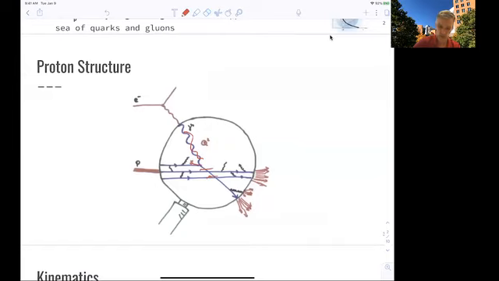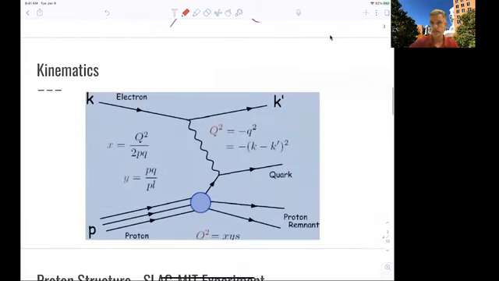So in measurements, what we can do is we can test the scattered electron, and we can look for the remnant of the proton in our measurements, and then we do differential cross-section measurements, compare with our theory, and can infer information about the structure of the proton. To do this, we have special kinematic variables which turn out to be very useful. The most important one is probably this x here, which is called the Bjorken scaling x or Bjorken x.